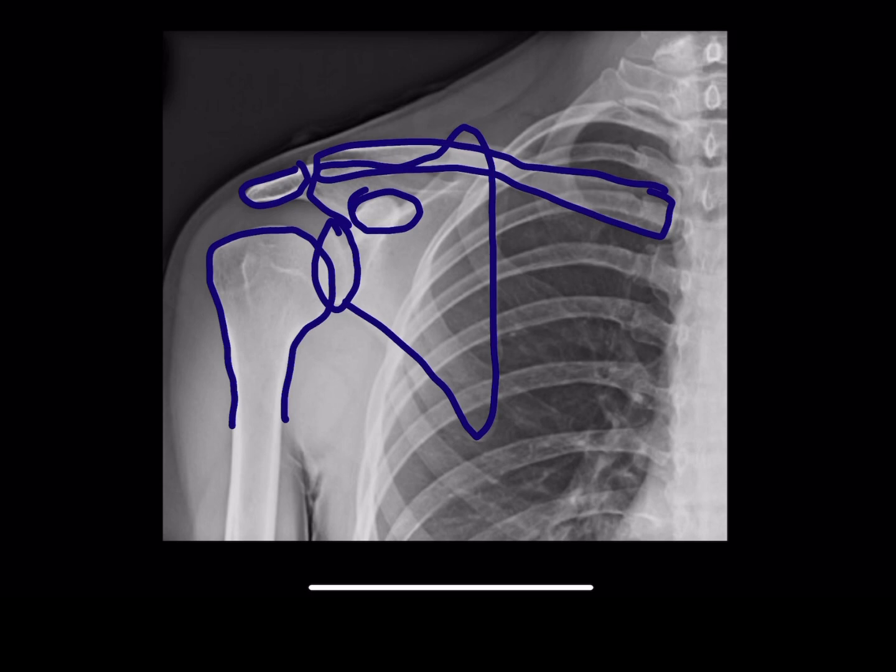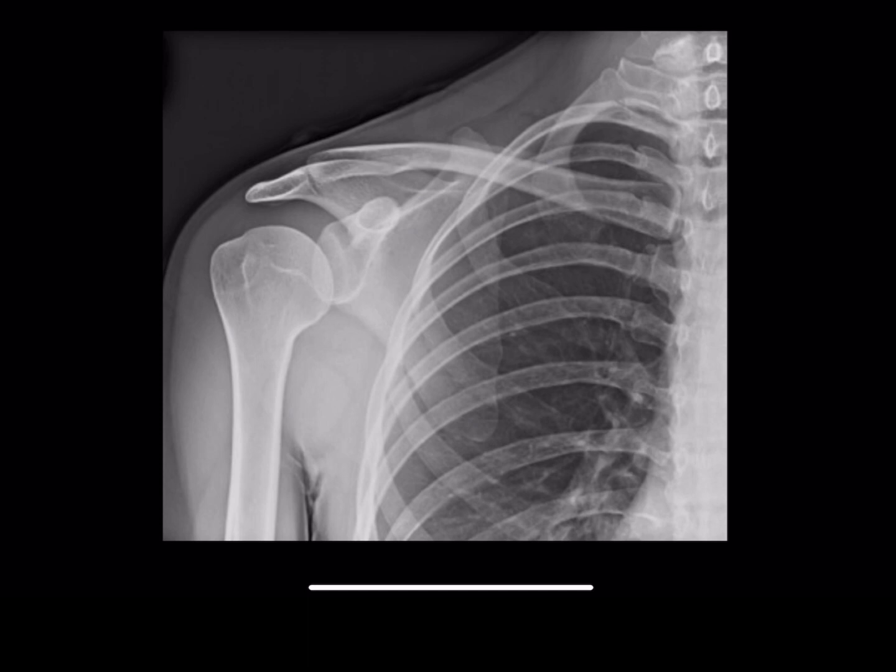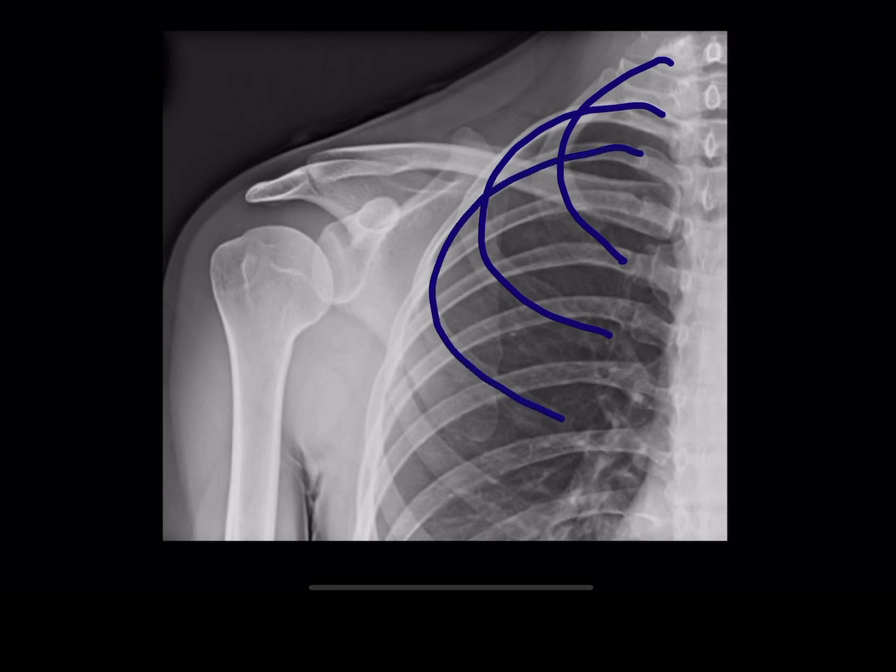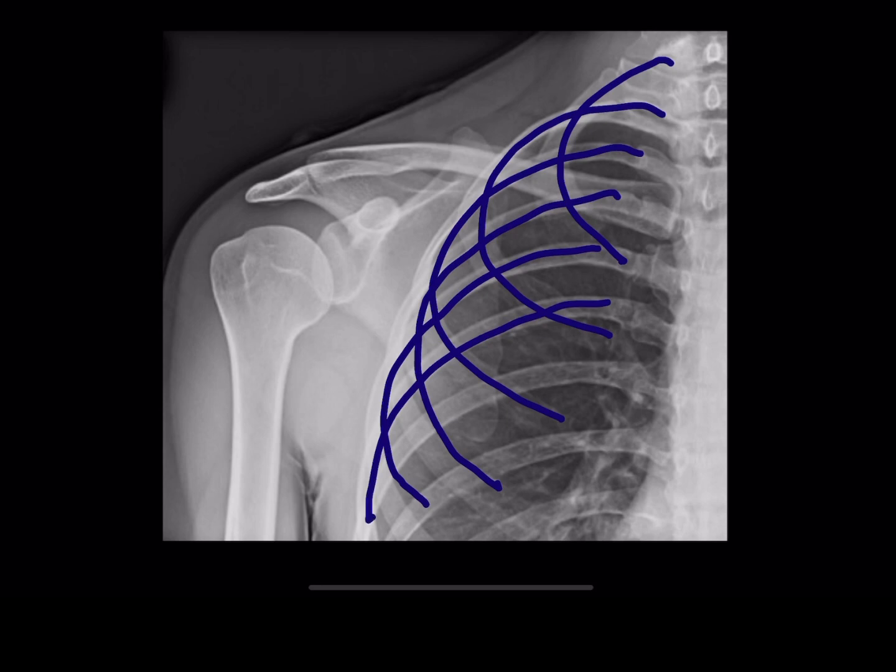Look at all the radiographic anatomy and ask yourself, is there any fracture? Are there any fracture fragments? Also, don't forget to look at the ribs and see if there is any fracture. Outline the cortex of each rib.